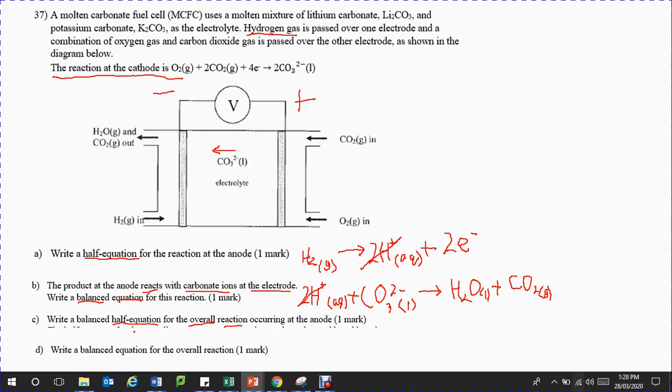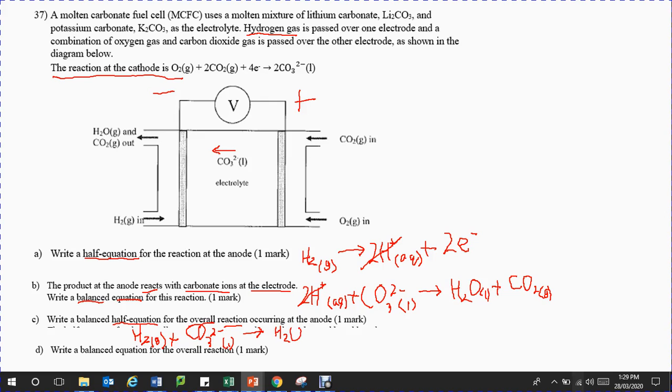So all I do is I simply add together the remaining things. Okay, so hydrogen gas plus my carbonate. It's taking a long time. I need a pen. Okay, H2O.